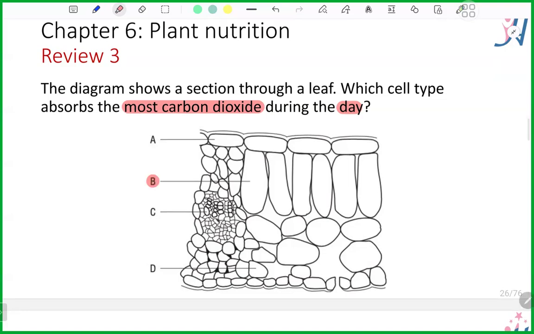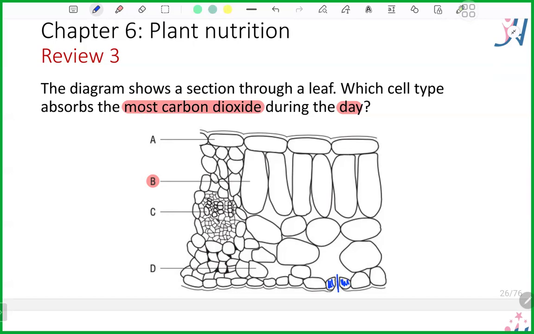Just to recall, layer A is upper epidermis, and layer C probably would be xylem, but let's say it's a vein or vascular bundle. And the last one is spongy, right? D is spongy because it's not guard cell, because guard cells are here. So these two are guard cells and this is the stomata.